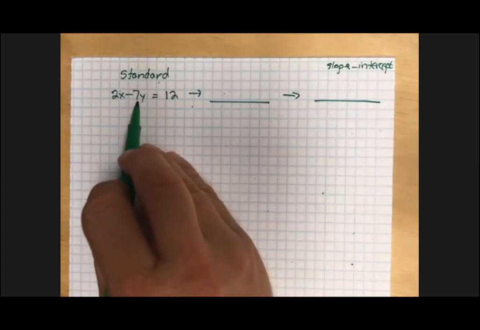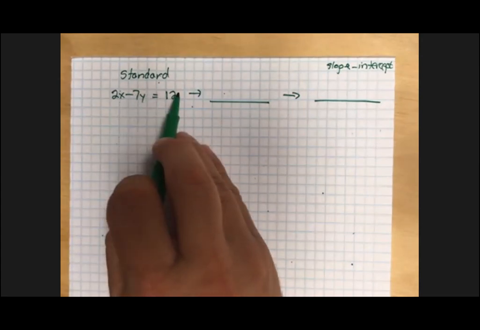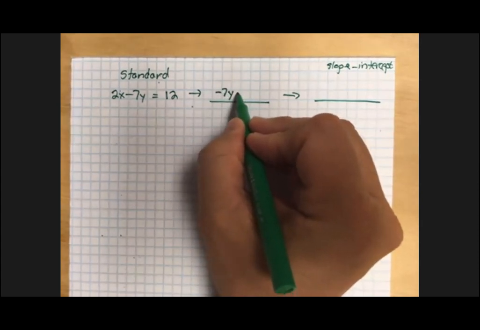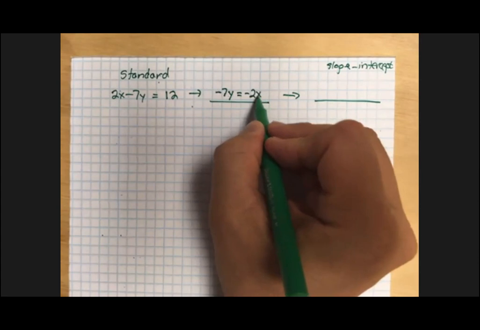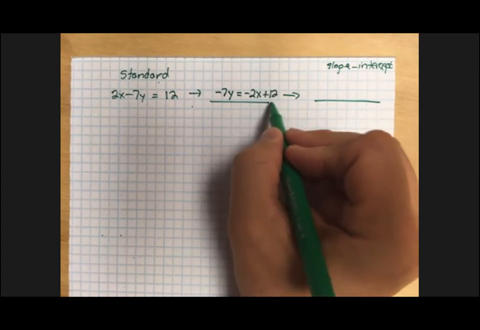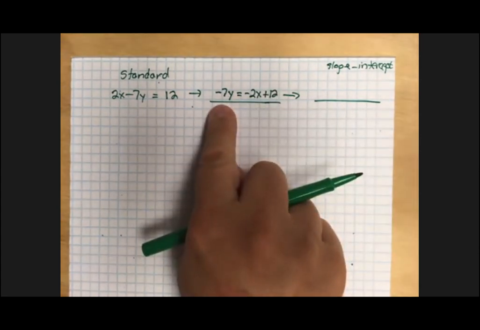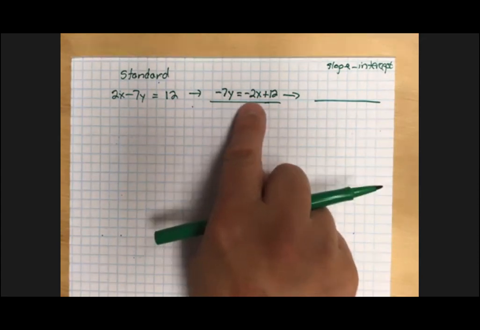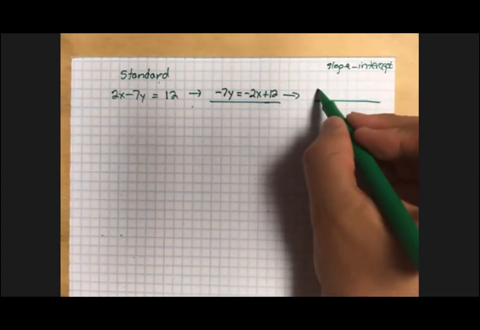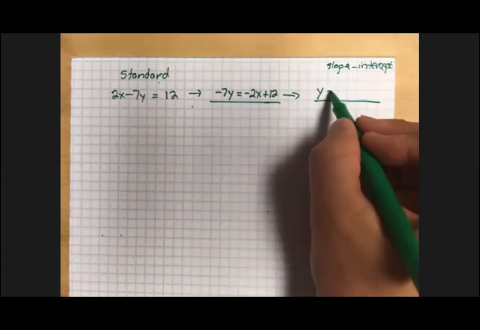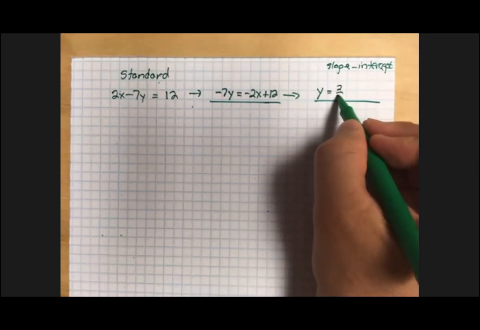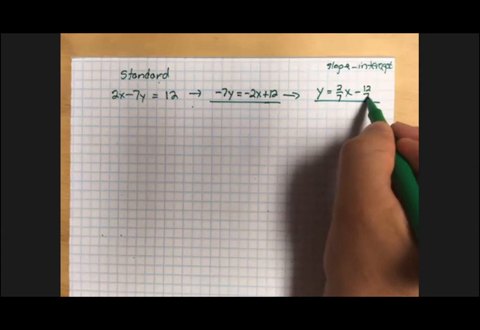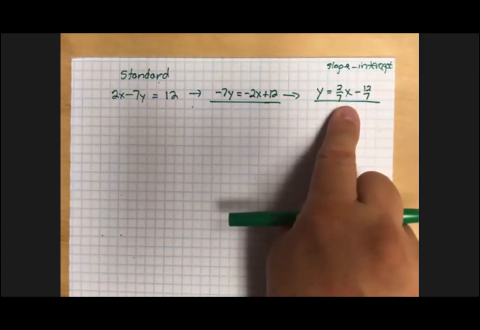All I have to do is move the x to the other side. Correctly. And then do what? Isolate the y by dividing by -7. Correctly dividing by -7. That'll leave me a single y over here. -2 divided by -7 is 2 sevenths. And +12 divided by -7 is -12 over 7. This is slope-intercept form.